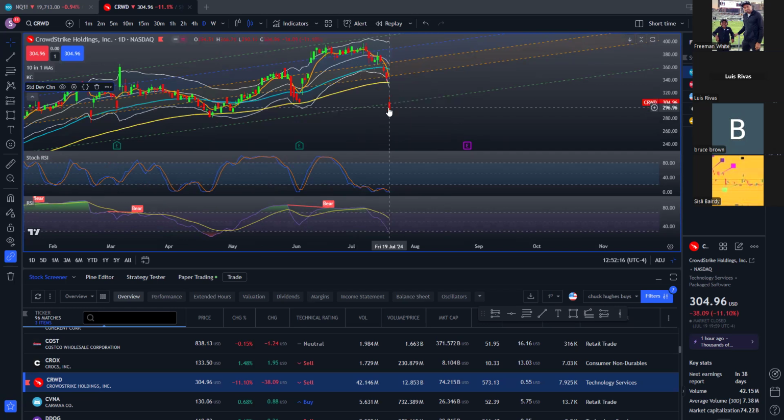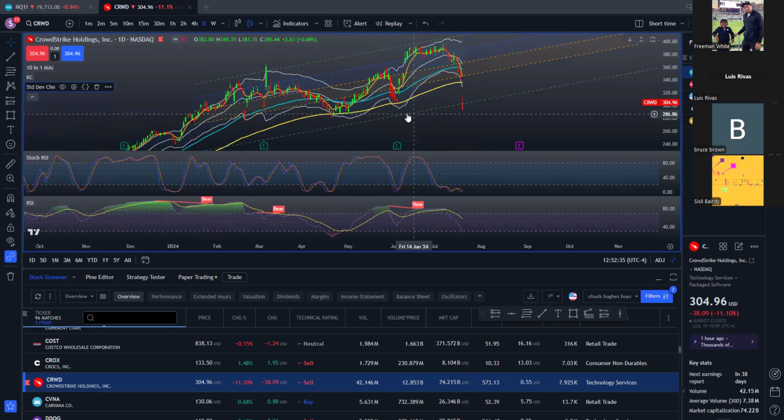CrowdStrike was the data security company. Because of that kind of news, I may not even play with it. But I'll see if it starts to move up. If it gives me a good pivot, I'll play it, saying that everything is fixed. They figured out everything. Now we can proceed.